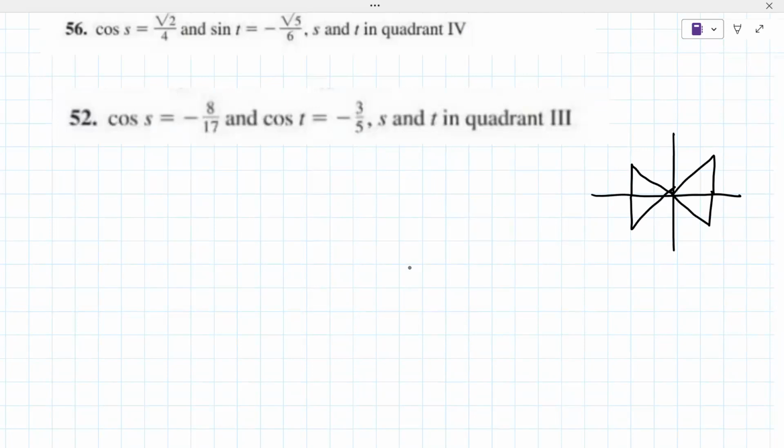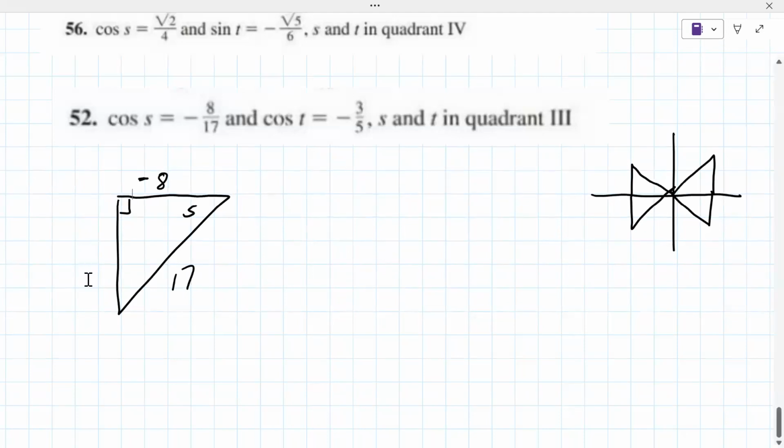So you're in quadrant 3, and in quadrant 3, this is what the triangle looks like. There's S. We've already done it, so it's 8 and 17. That's negative. Do you remember how to quickly find the other side, or do you remember the Pythagorean triple?